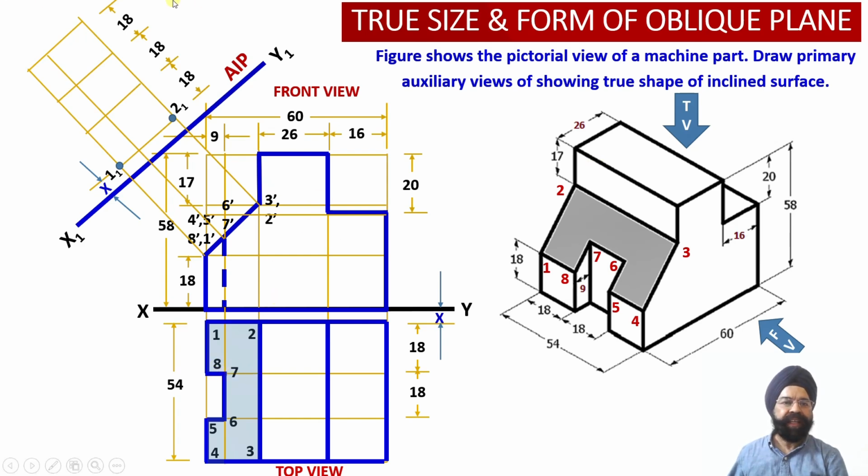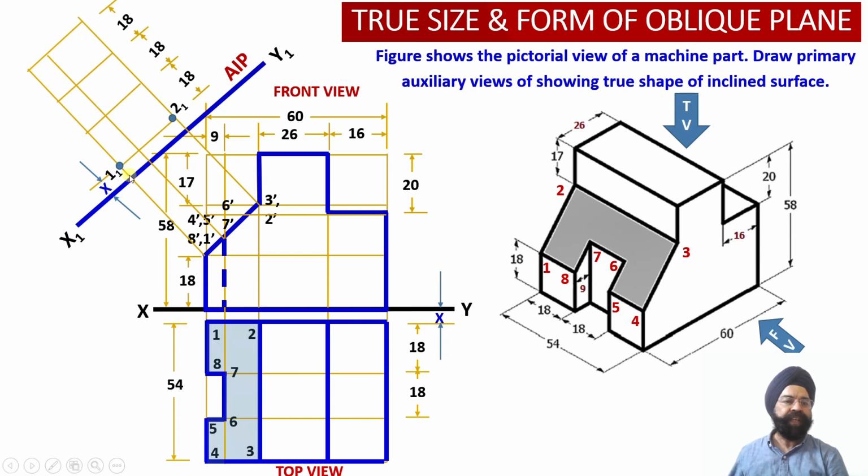Now you can see that as we move ahead of this point x by a distance of 18 millimeter, we will be able to identify and locate the points 8 and 7 over here, because the distance of points 7 and 8 with respect to the vertical plane happens to be x plus 18.